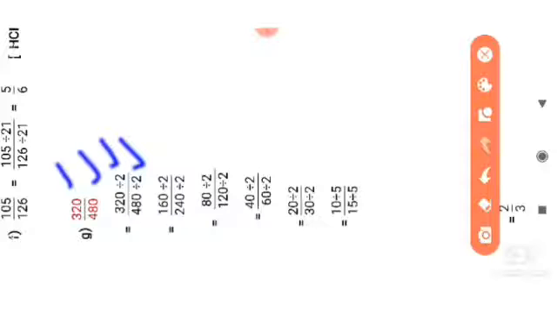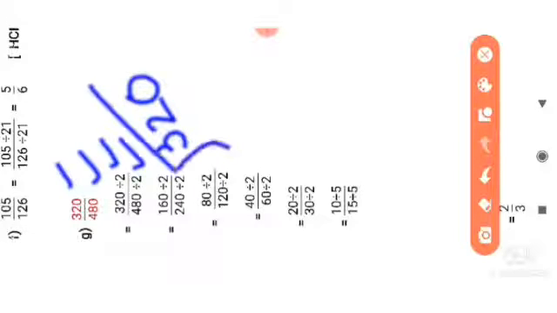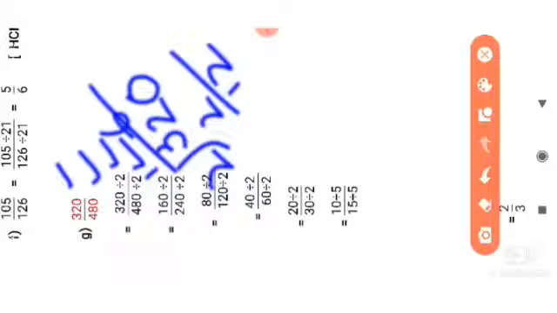If you divide 320 by 2, how much is coming? It is 3, within the 3 it is 1 time, then 12, that means 6, and then 0 left, so 0 is here. So you can see it is 160.